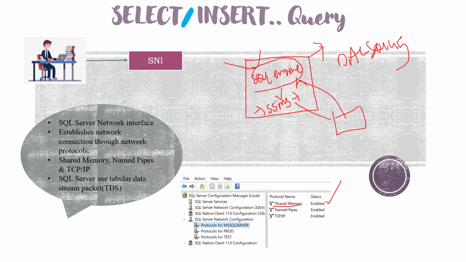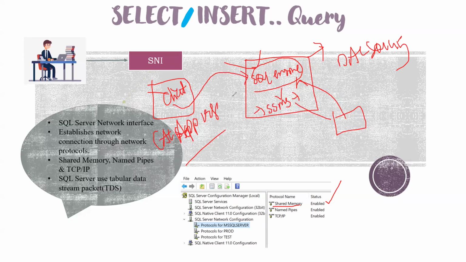Now, if my client is on a different server, call it app 198. So this is my app server, and here I have a client machine. Client is available. From this client, I want to connect to this engine.